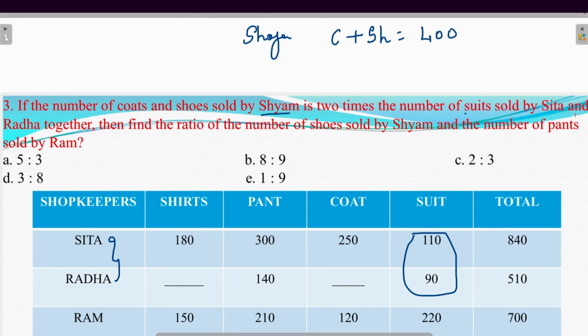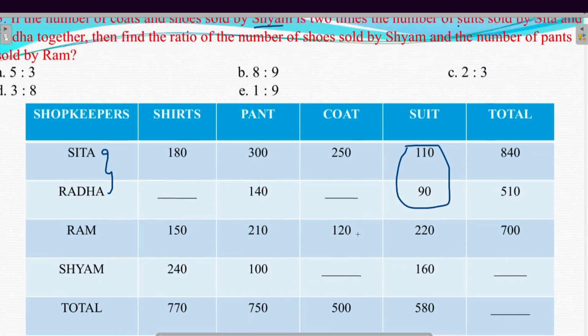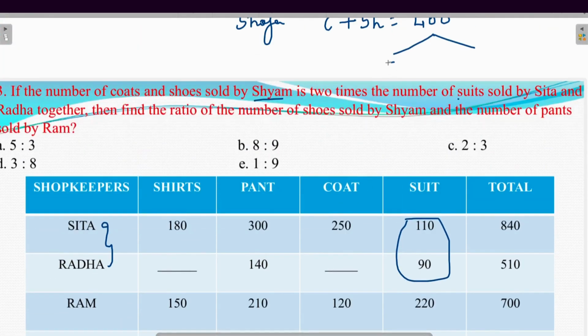Sham is 2 times of Sita and Radha, 400 articles. Out of 400 articles, I know the coats Sham sold will be 50. Then we can find out this value will be 350. So what is the question now?